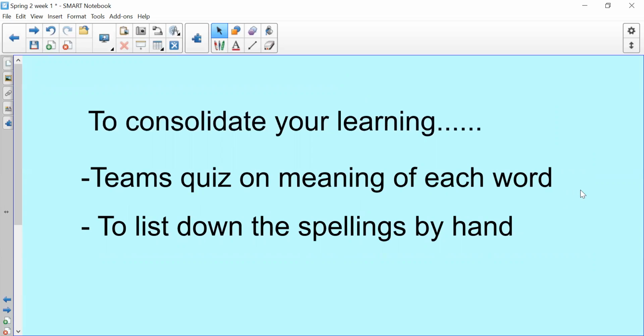Now, please only do these if you are ready for a challenge, if you find the meaning of these words really easy. Because the challenge is to use the words in a sentence, but I'll get onto that in a moment. And then at the end, I would like you to list the spellings by hand that we have explored, just our first 6 today. Okay, just so you're getting that muscle memory.